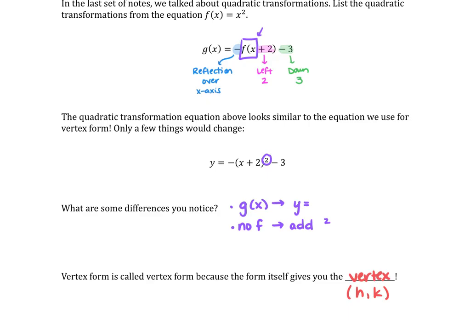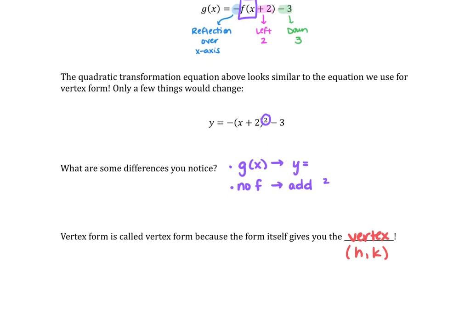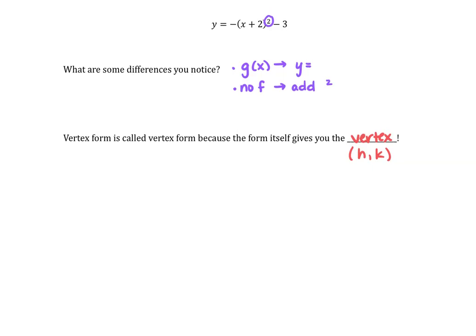Now, let me talk a little bit more about these equations and the things I can spot from it. So I'm going to add this down to the front of my notes right here. If I give you the equation y equals a x minus h squared plus k, this is that vertex form. I'm going to tell you all the things that I can spot from this because it actually tells me a lot of information. I'm going to start first with that a value.